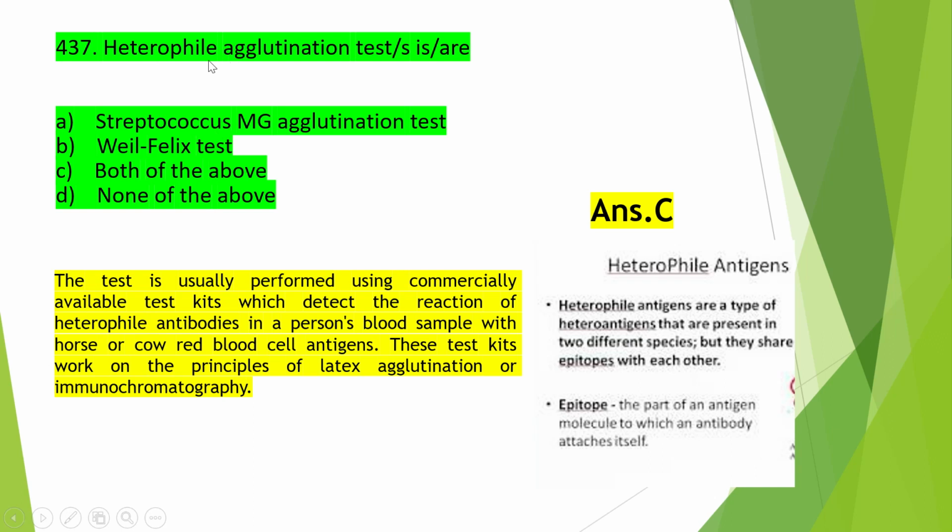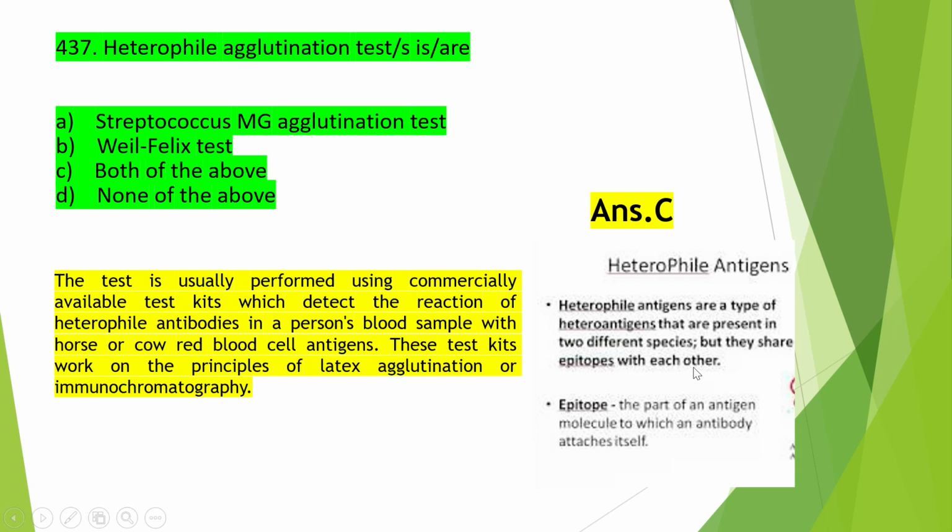The test is usually performed using commercially available test kits which detect the reaction of heterophile antibodies in a person's blood sample with horse or cow red blood cell antigens, and these test kits work on the principle of latex agglutination or immunochromatography.